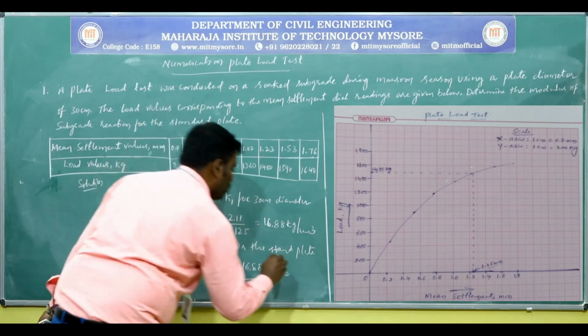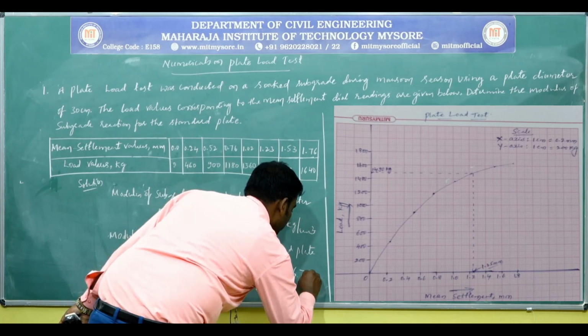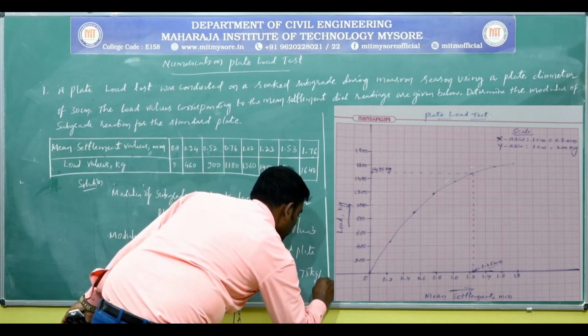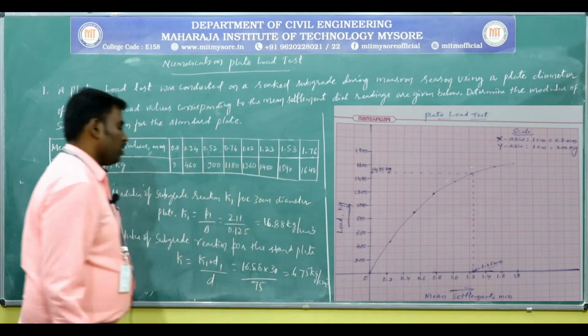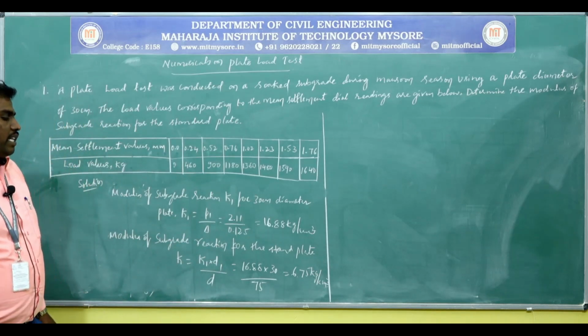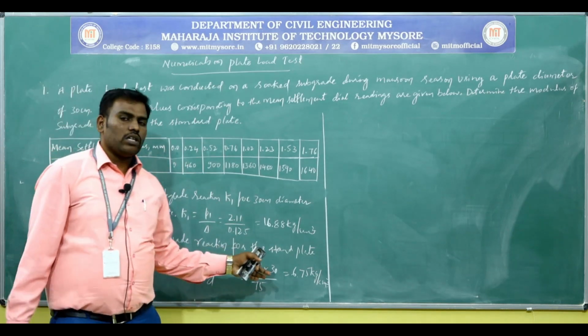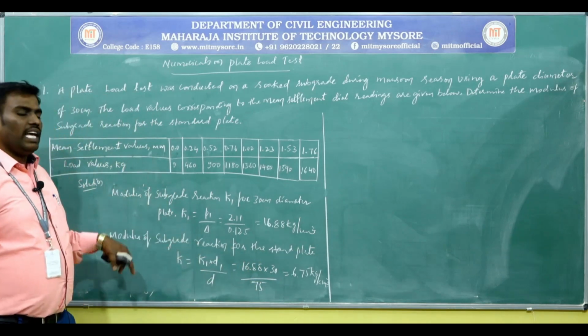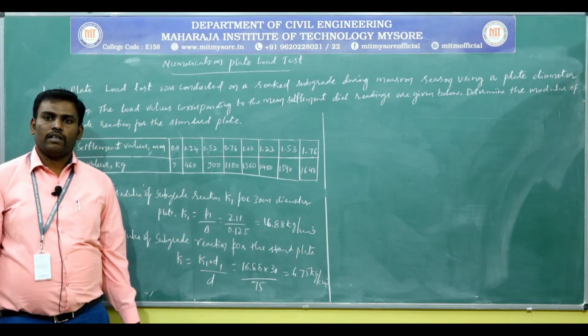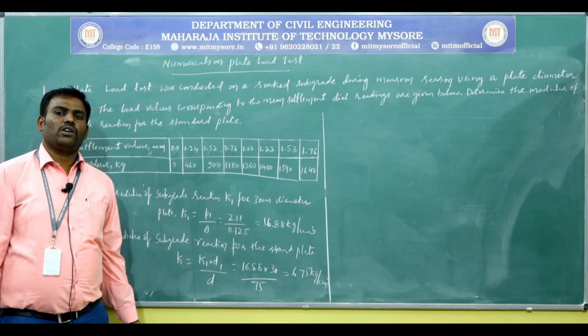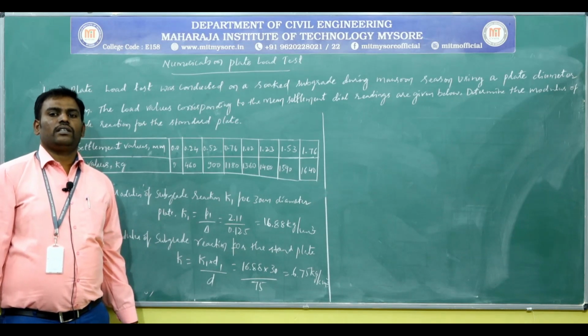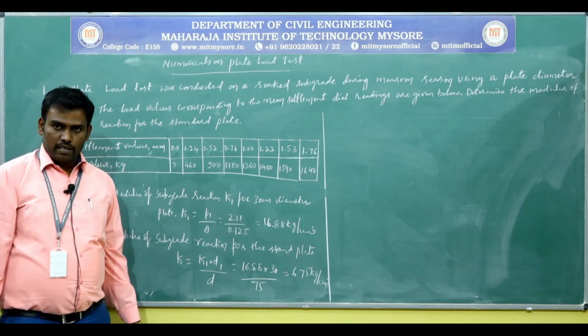Okay, this will give about 6.75 kg per centimeter cube. 6.75 kg per centimeter cube is the modulus of subgrade reaction for the standard plate.